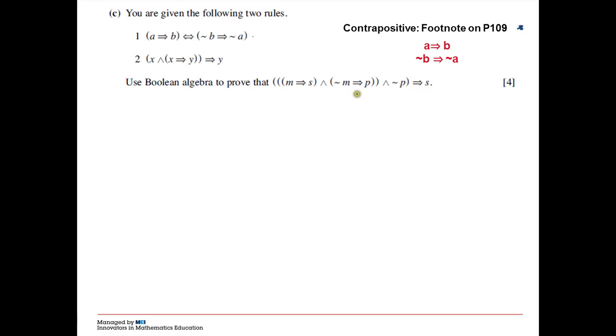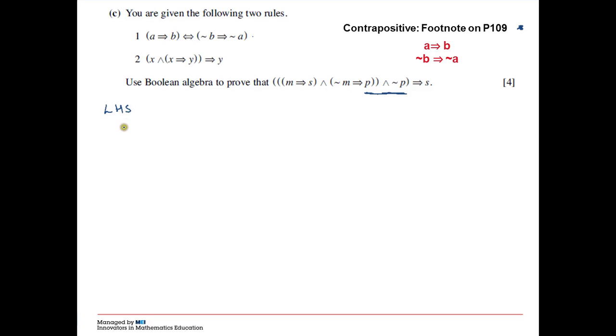Looking at the statement that we're being asked to prove, the first thing you need to do is spot that there's going to be a contrapositive in it somewhere. The contrapositive to me looks like we've got something going on with P's and not P's here. So the first thing I would want to do is some rewriting of the left hand side. So I'm going to take the left hand side and reorder it.